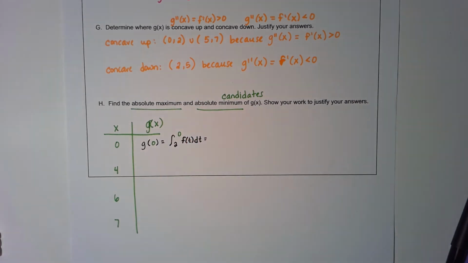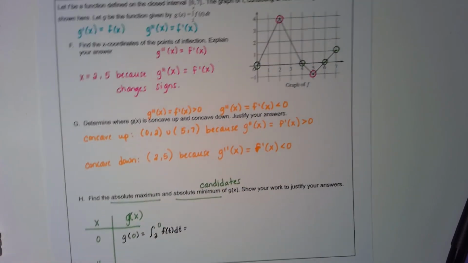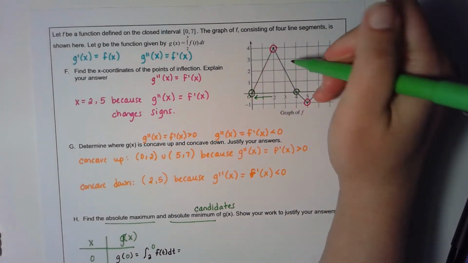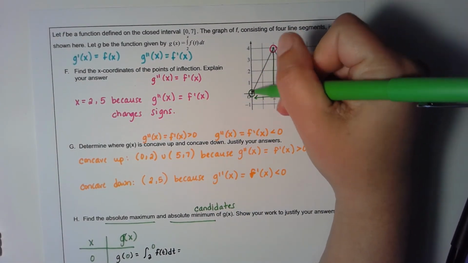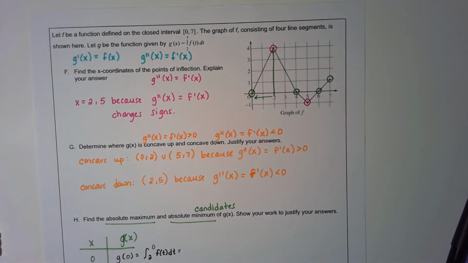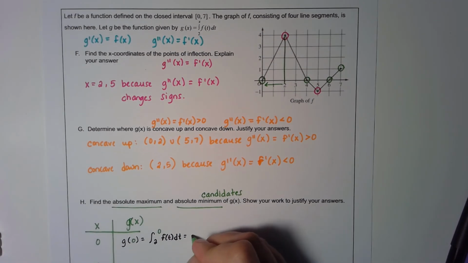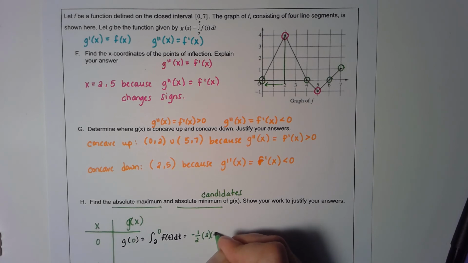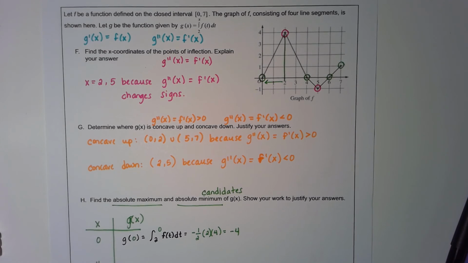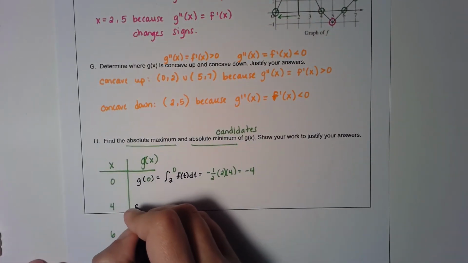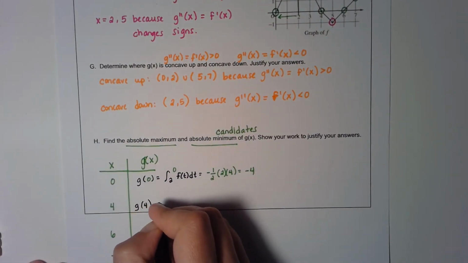Now on this graph, the integral from 2 to 0, because you're going backwards, it's going to be the area of this first big triangle here, but it's going to be negative because you're going backwards. So it's going to be negative 1/2 times the base is 2 times the height is 4, which means you get negative 4.